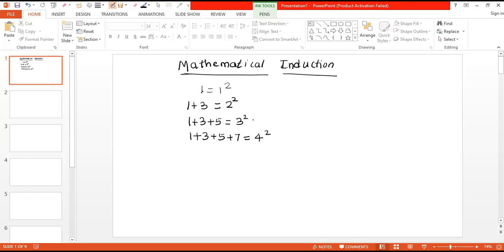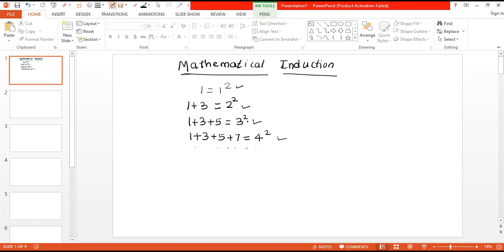If you observe carefully, this is nothing but the sum of the odd integers. So 1, then 1 plus 3, then 1 plus 3 plus 5, then 1 plus 3 plus 5 plus 7, and I'm getting 1 square, 2 square, 3 square, 4 square. So in general, is the sum of the first n positive odd integers always equal to n square?